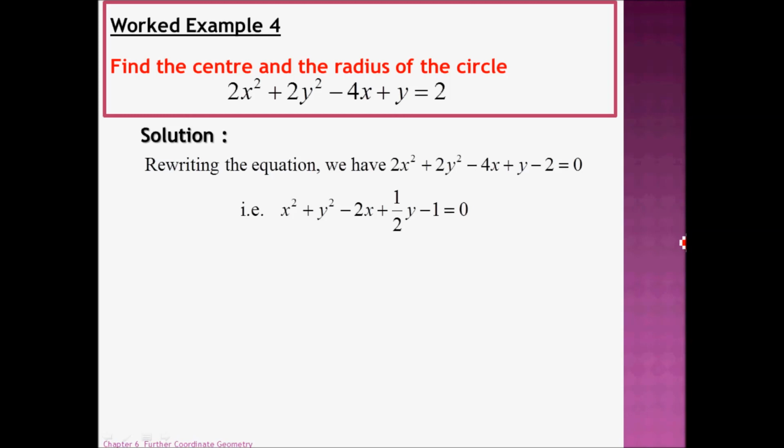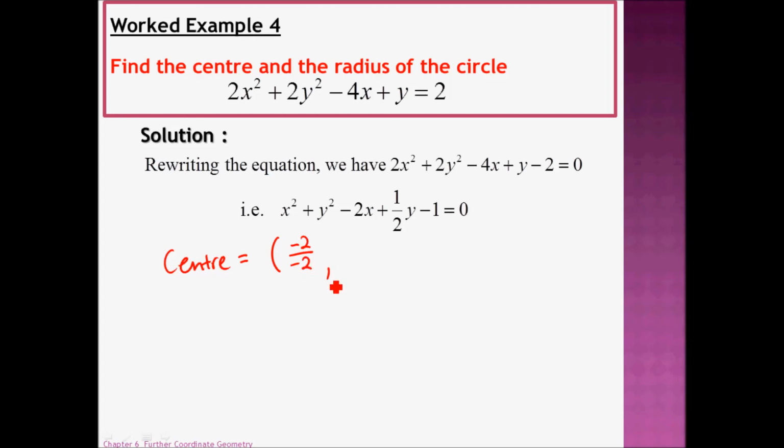Next, to find the center, what we need to do is to apply the formulae on the previous slide. So, to get the x coordinate of the center, what we do is we take the coefficient of x, which is -2, and divide it by -2.